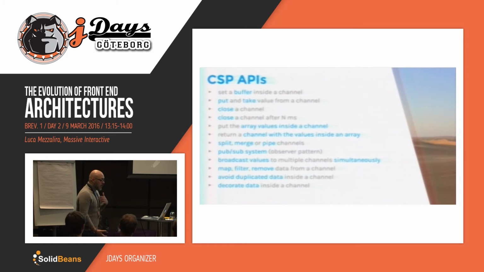I can have a pub/sub system, because CSP, in particular CSP.js, has a peculiarity: inside the application you don't work only with CSP, but you also have signals and pub/sub out of the box, all the ways you usually communicate inside your application.